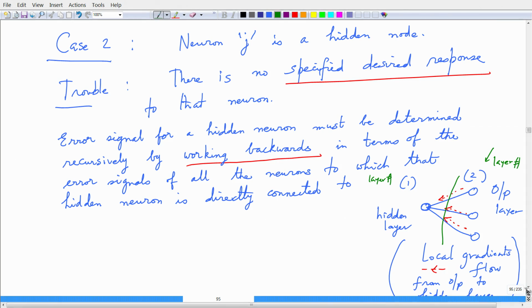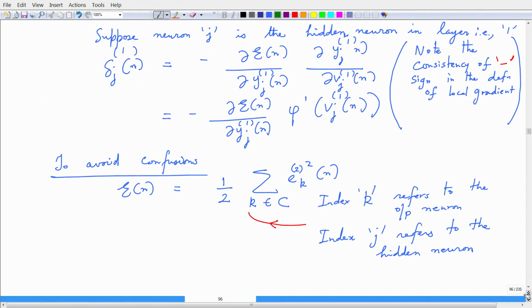Okay, now with this conceptual clarity in mind, we proceed. Now, if j is the neuron in the hidden layer, then the local gradient delta j is minus the partial derivative of the total error with respect to the functional signal at that particular node in the hidden layer, times the partial derivative of the functional signal with respect to the local reception field.